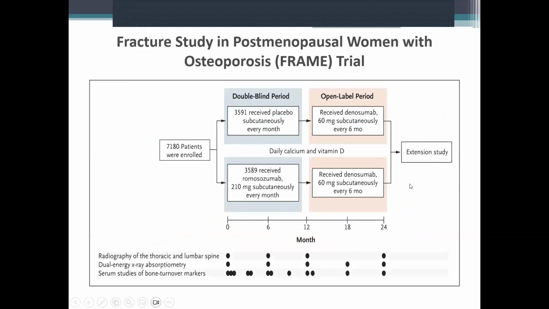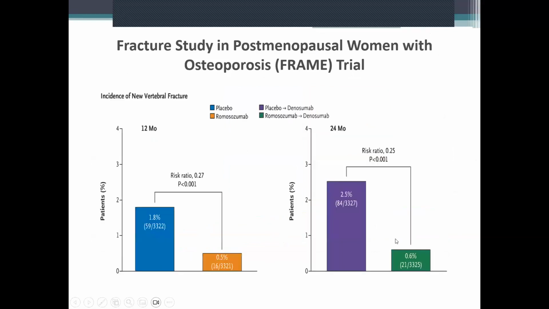So what about use in combination with denosumab? The FRAME trial looked at romosozumab, with patients transitioned over to denosumab after that, versus placebo. So again, 12 months of therapy, either placebo or romosozumab, and then transitioned over to denosumab.